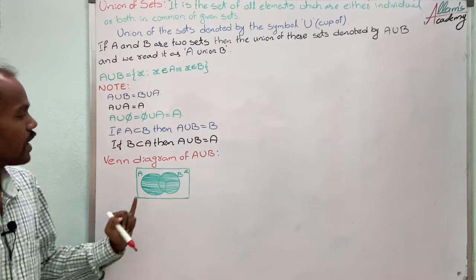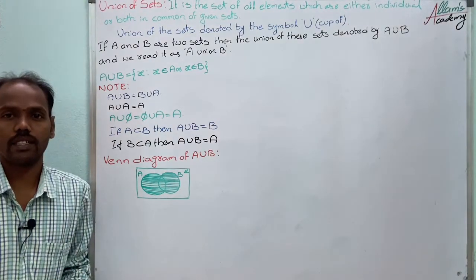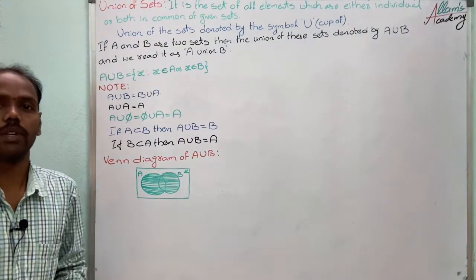So here it is, the graphical representation of A union B.